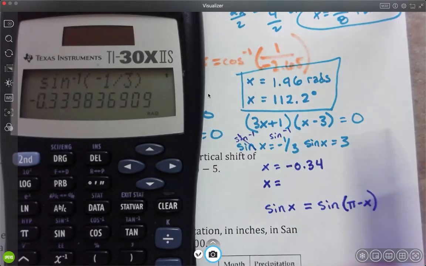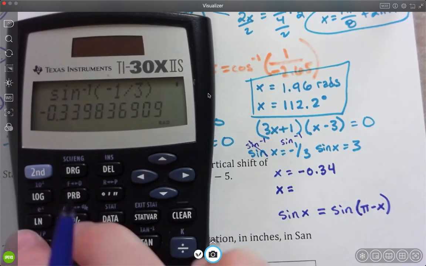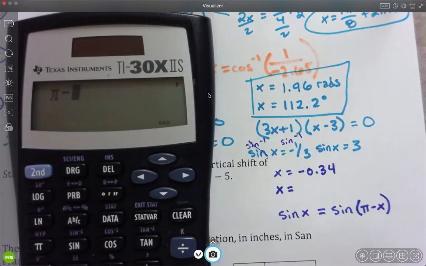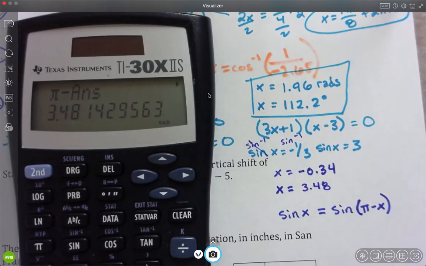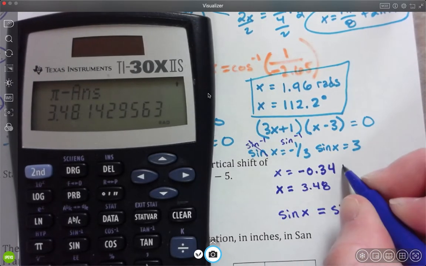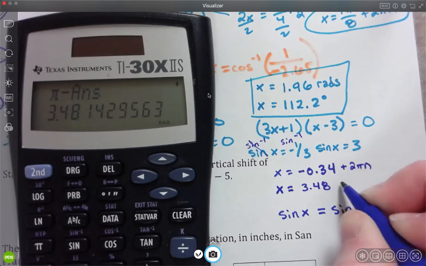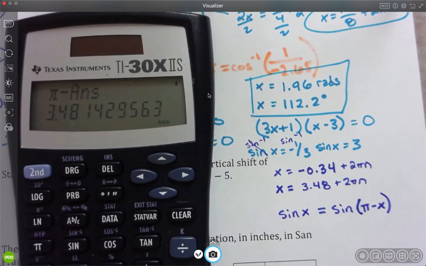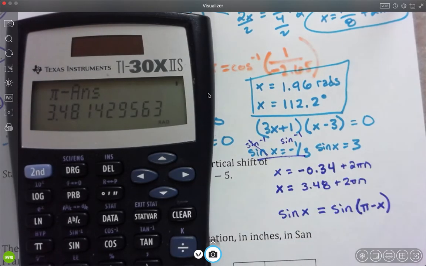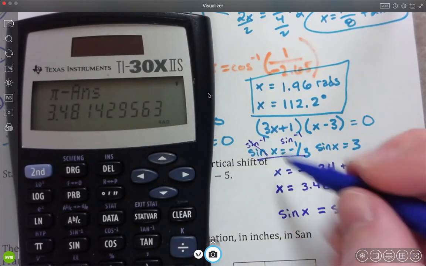So I'm going to take pi minus that answer, and that gives me 3.48 as my other answer, plus 2 pi n. And that will give me the two answers that I have for sine of x is -1/3. That's where it's going to touch -1/3.